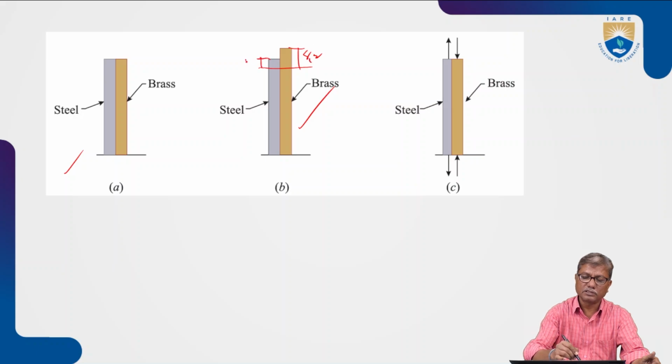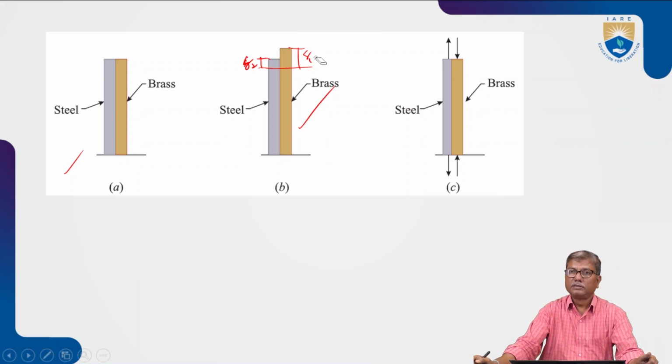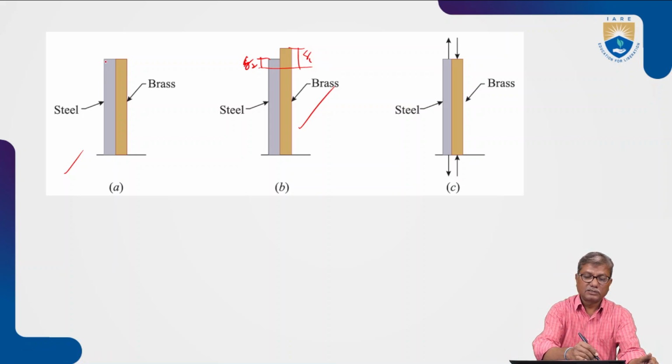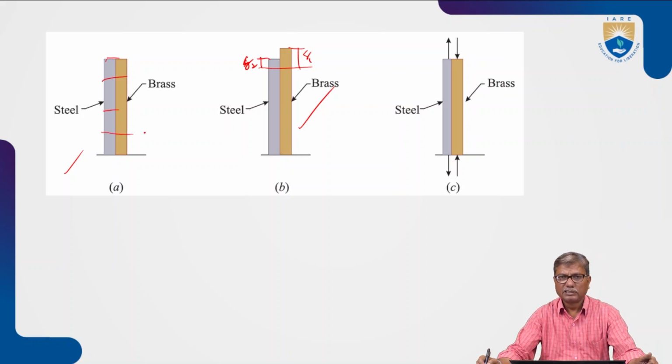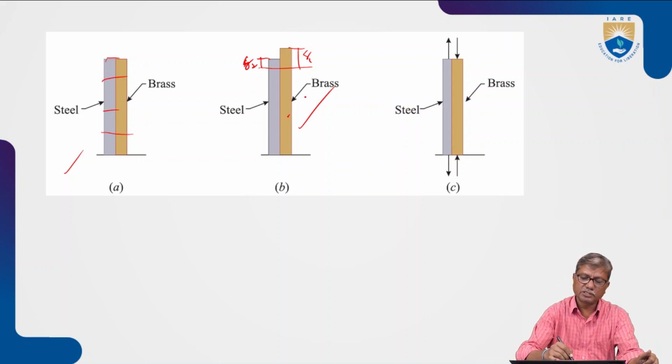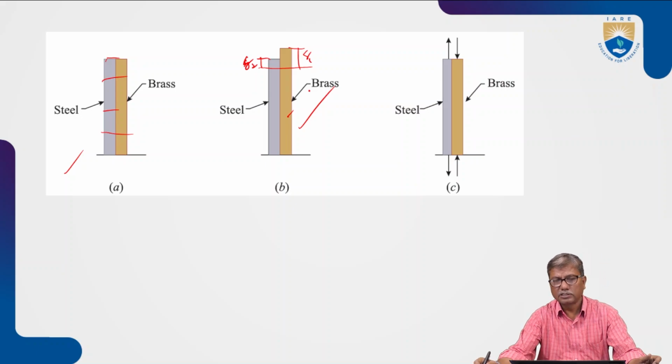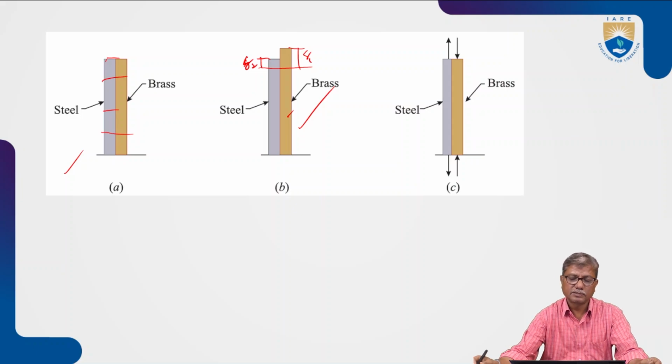This is delta 1 and this is delta 2. But when they are connected firmly, rigidly, what happens? Actually, brass expands more, and steel expands less comparatively. As they are rigidly fixed, what happens?